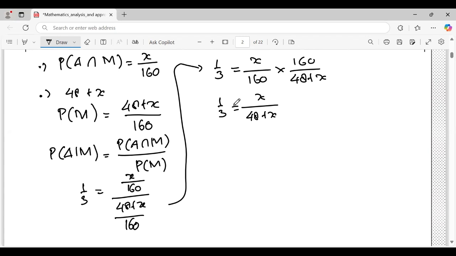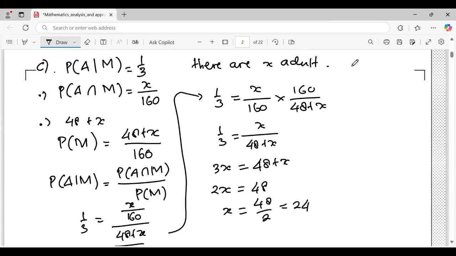Cross multiplying, 3x equals 48 plus x, so 2x equals 48. So x is 48 divided by 2, which is 24. This is part 1. So x equals 24.